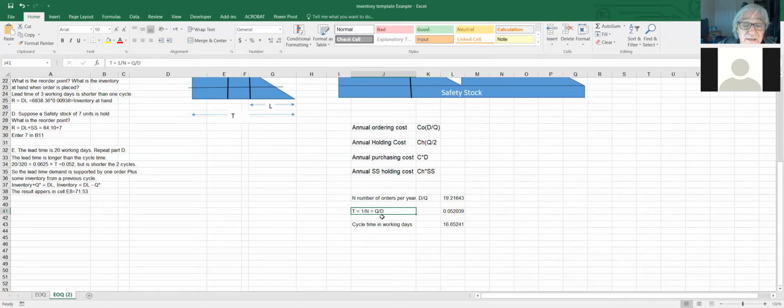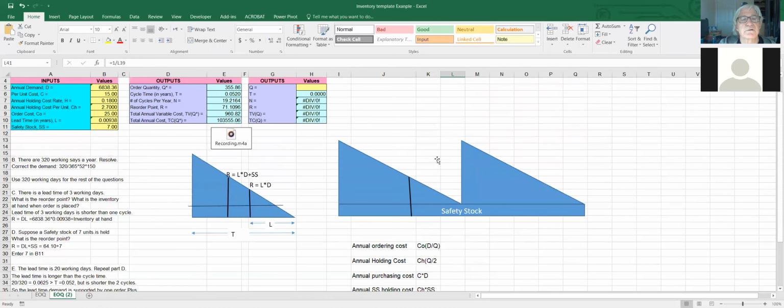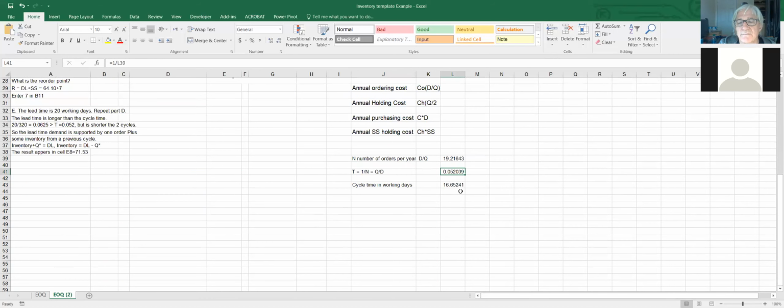But in our example, you will have 1 divided by 19.2, which is the number of orders, of course, is 0.05.